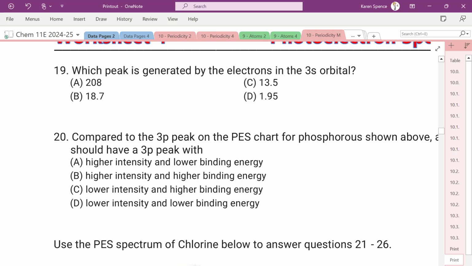Now, if we compare where sulfur and phosphorus are, phosphorus is 1 to the left of sulfur. So what's different about phosphorus? Will it have the same height of the 3p peak or a different height? It'll have a different height. Will it be higher or lower? Phosphorus is to the left of sulfur.